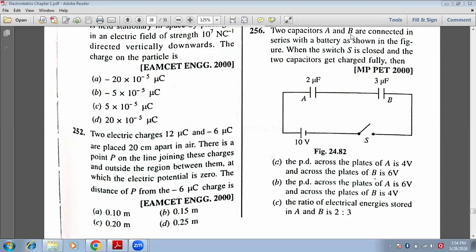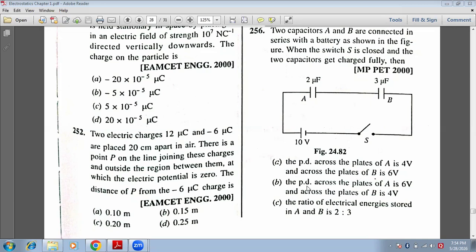Two capacitors A and B are connected in series with a battery as shown in the figure. When the switch S is closed and the two capacitors get charged fully, then: option A, the potential difference across the plates of A is 4 volt and across the plates of B is 6 volt.